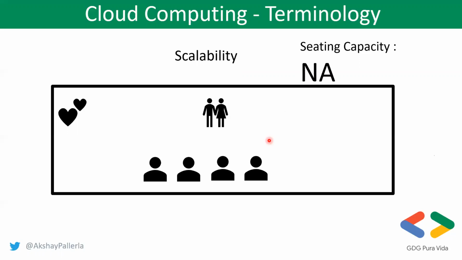Another guest comes to attend the wedding. I host him. Another guest comes, then another guest comes, I host them too. So I'm able to add those instances. As I said, I'm referring to these persons as instances here, just to explain the concept of scalability and elasticity.